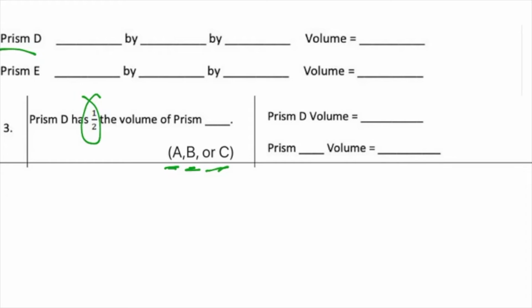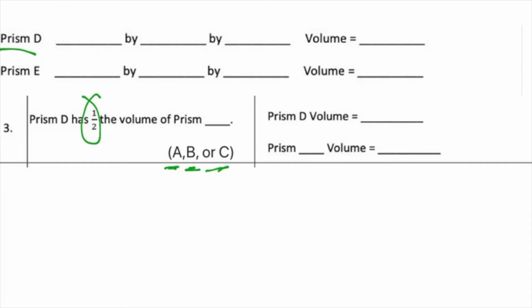Which of those can easily be divided in half? Okay, now that you've picked that one, you're going to divide the volume of A, B, or C. You're going to divide it in half. What is that result going to be?